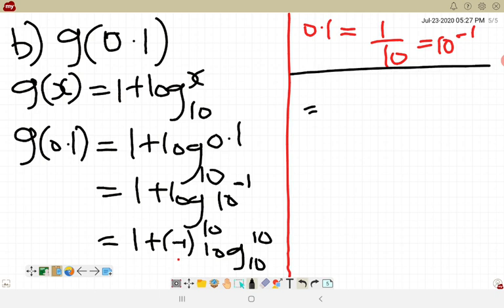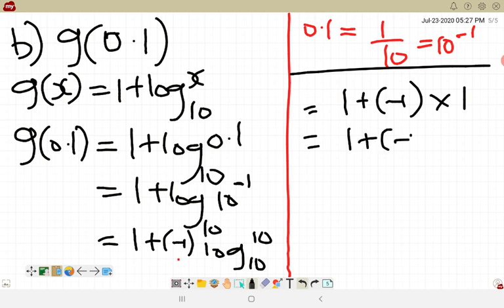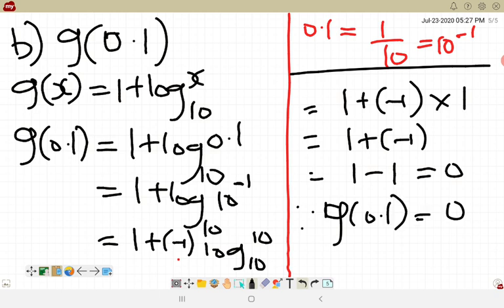Log 10 base 10 is 1, so minus 1 times 1 is minus 1. So 1 minus 1 equals 0. Therefore g of 0.1 equals 0.